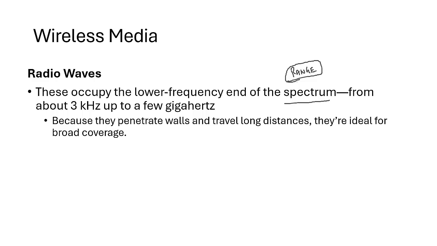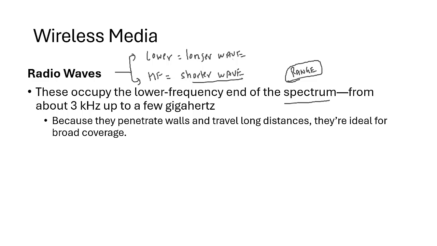So think of it like a giant musical keyboard where each key is a different frequency. And just like notes, different frequencies behave differently and carry different types of data. When you're talking about radio wave, it offers 2 types of frequencies. One is called lower frequency, and one is called higher frequency. Lower frequency means longer wavelength, and higher frequency means shorter wavelength.